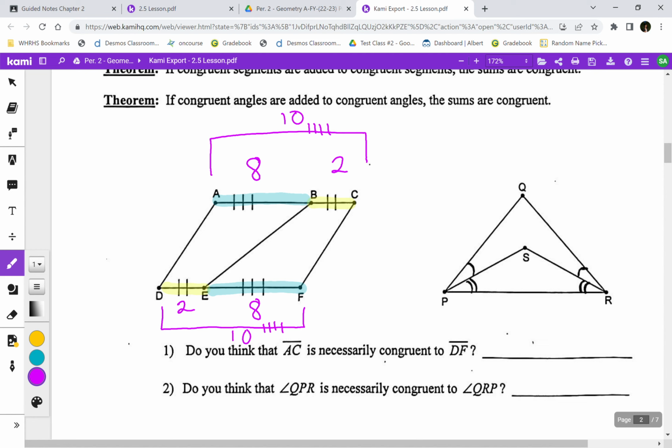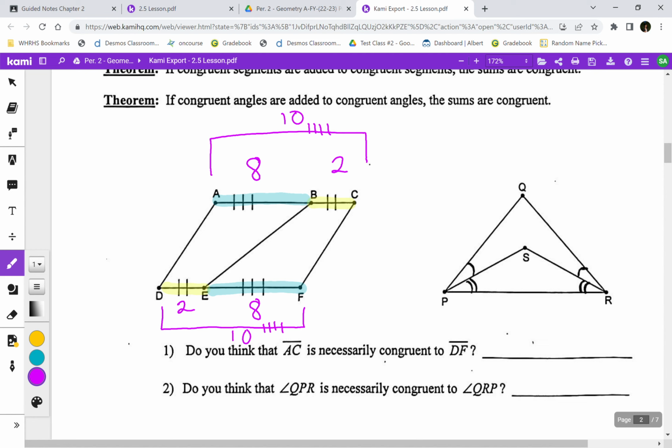From A to C, wouldn't it be 3 tick marks plus 2 tick marks for a total of 5 tick marks on top? And from D to F, wouldn't it be 2 tick marks plus 3 tick marks for a total of 5 tick marks? If the top tick marks match up with the bottom total tick marks, that's addition. Those total lengths will be congruent.